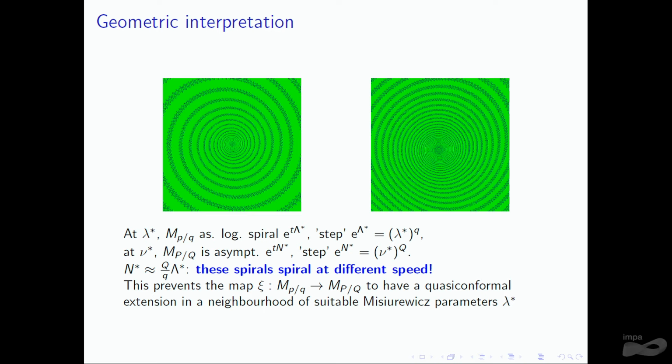This q is very important. And this spiral has a step ratio of self-similarity e to the lambda to the q.